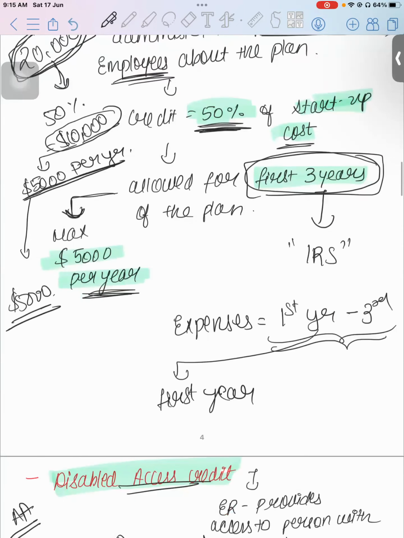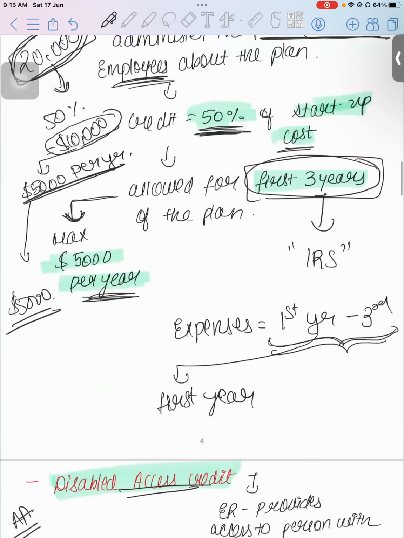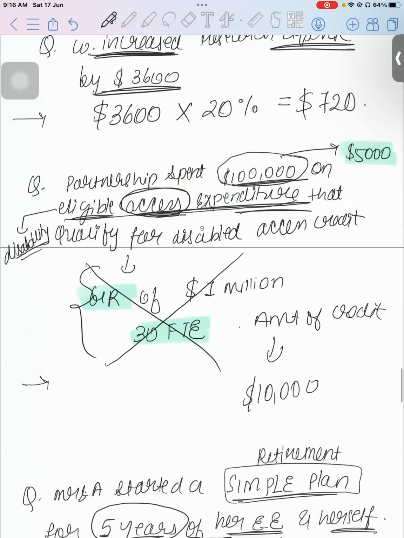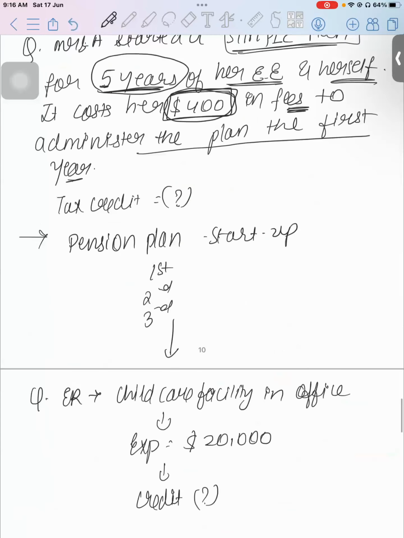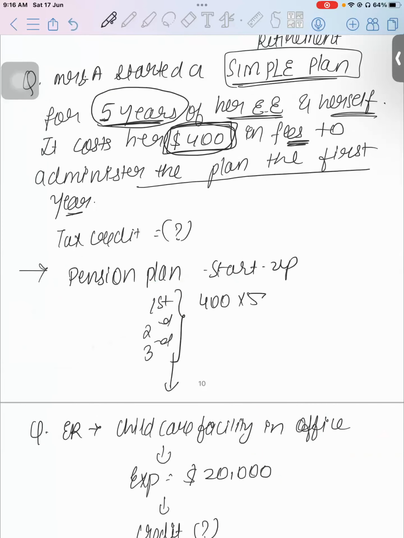So first 3 years, right now it's the fifth year, right? So can you get that deduction? No, right? For the fifth year you can't get it, but for the first 3 years, how much can you take? 400 into 50%, right? So for the first 3 years, you can take $200 as a deduction.